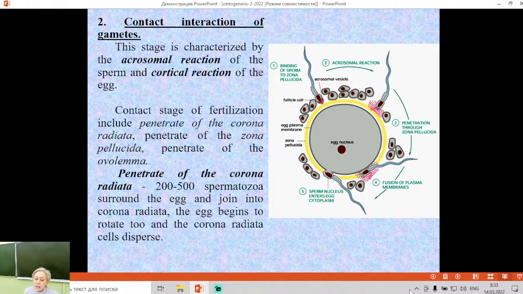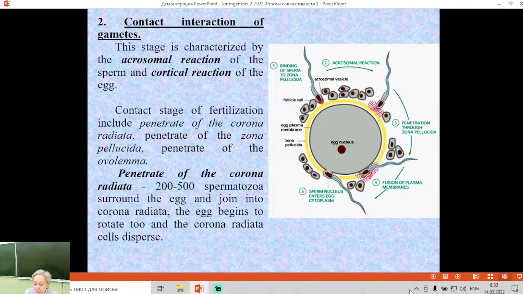Contact interaction of gametes. This stage is characterized by acrosomal reaction of the sperm and cortical reaction of the egg. The contact stage of fertilization includes penetration of the corona radiata, penetration of the zona pellucida, and penetration of the oolemma. Penetration of the corona radiata.